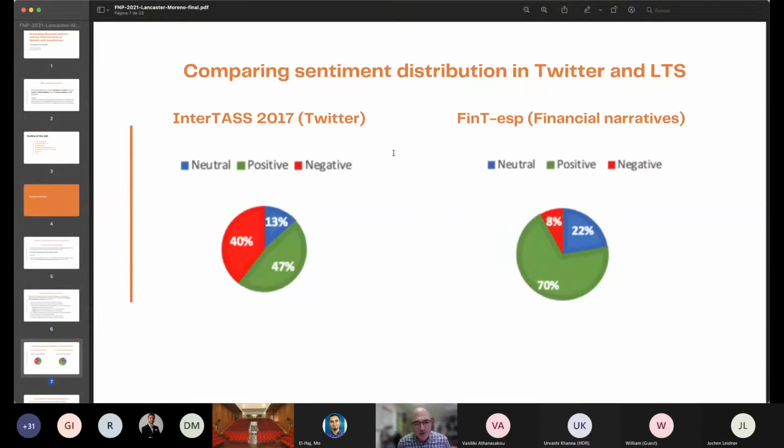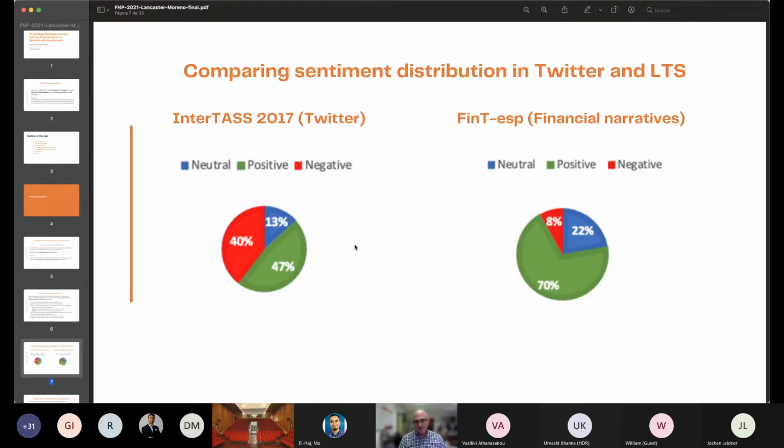You have here on the screen a comparison of the sentiment distribution in two gold standards. On the left side, you have a gold standard for Twitter, and on the right side, you have the gold standard we developed. You see the distribution of neutral, positive, and negative are very different in both domains.